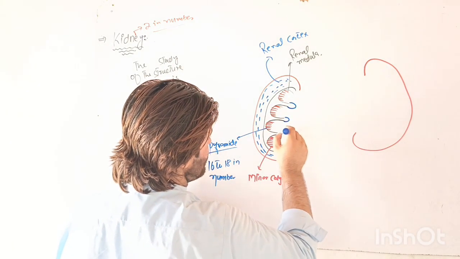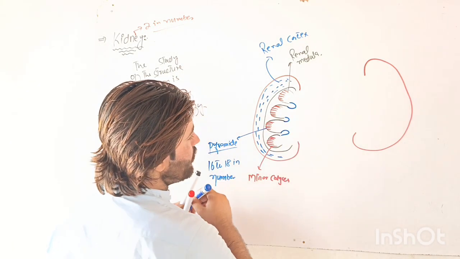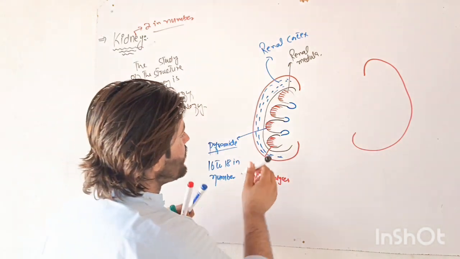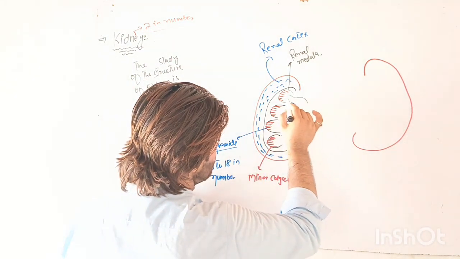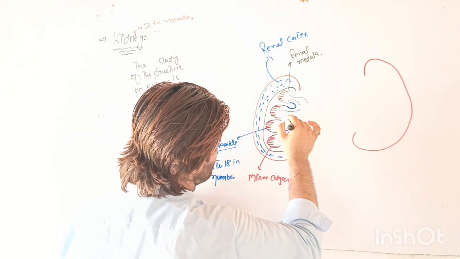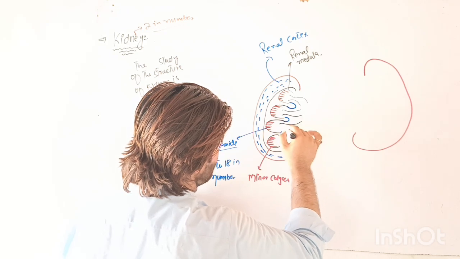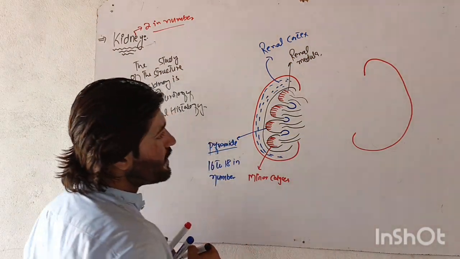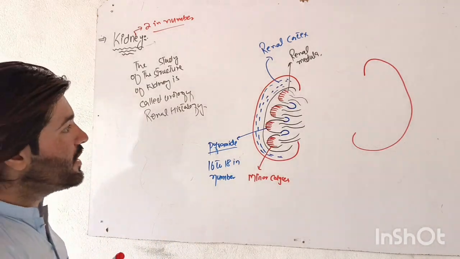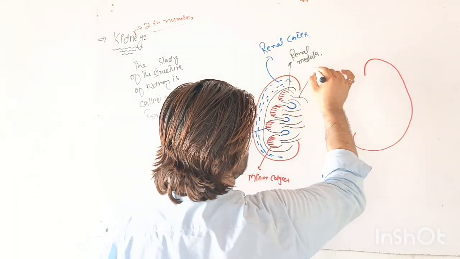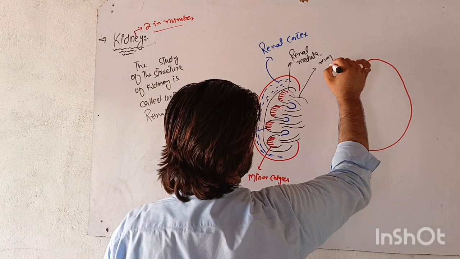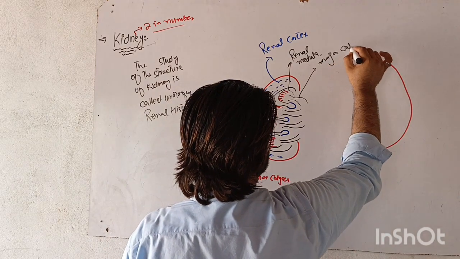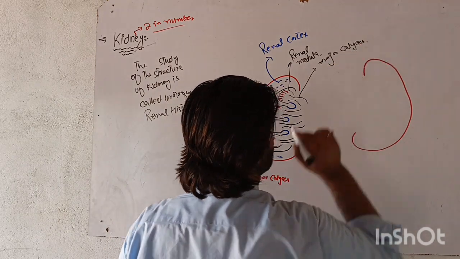So the minor calyx opens into the major calyx. That part is known as the major calyx.